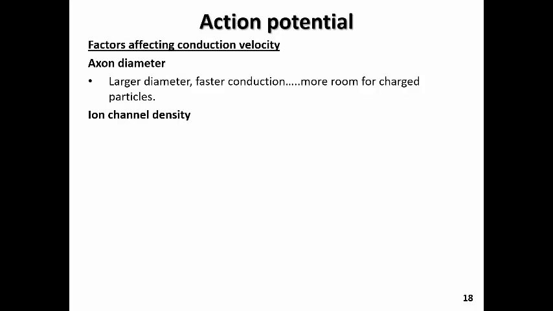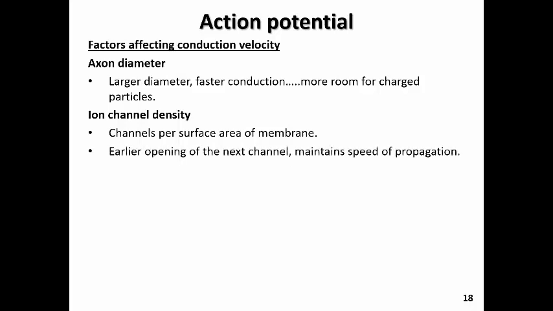So the ion channels are proteins embedded in the membrane, and per surface area of membrane, there are some neurons that have more of these proteins embedded. So it refers to the number of channels per surface area.